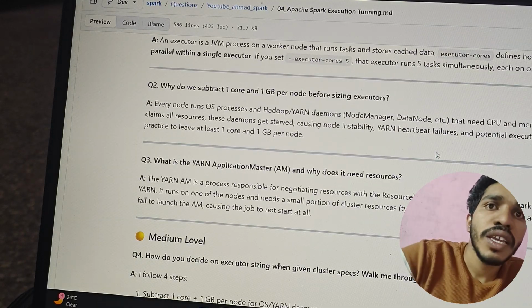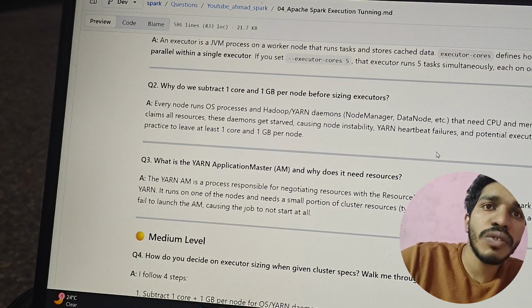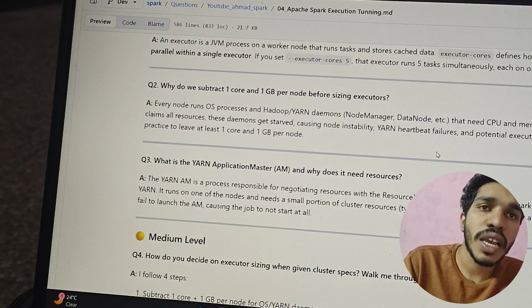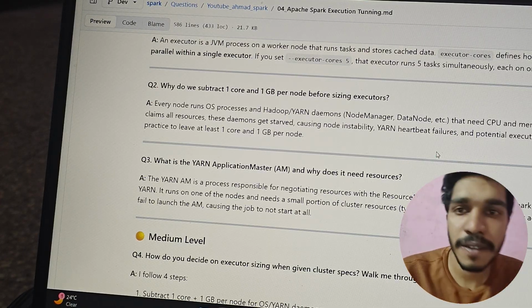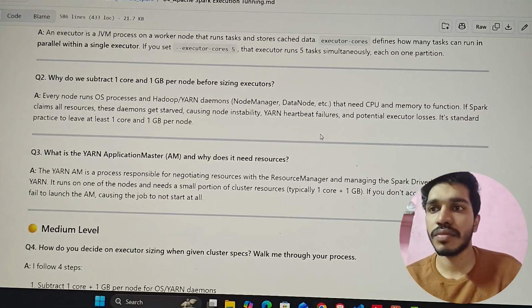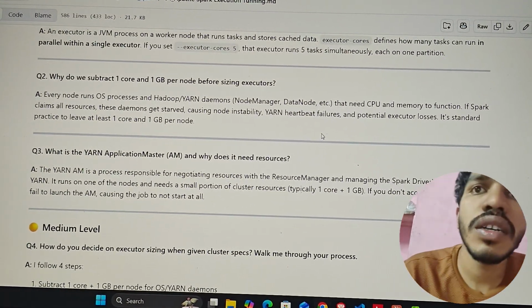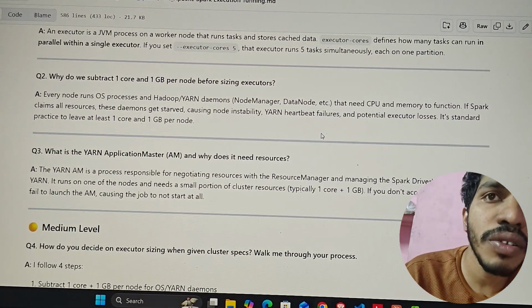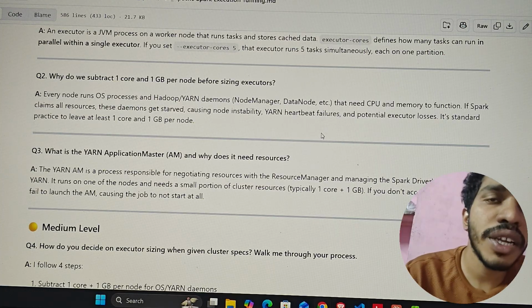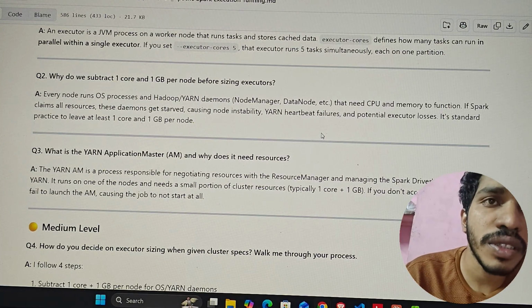Next question is, why do we subtract one core and 1 GB per node before sizing executors? The answer is, every node runs operating system processes and Hadoop YARN daemons, meaning NodeManager, DataNode, etc., that need CPU and memory to function.